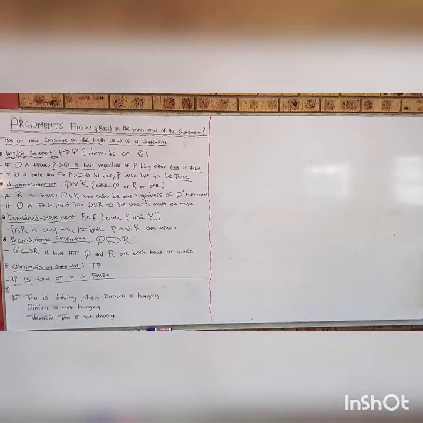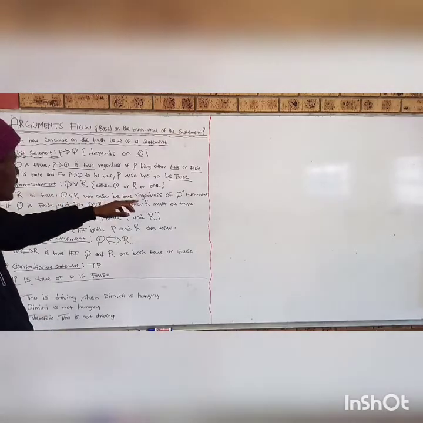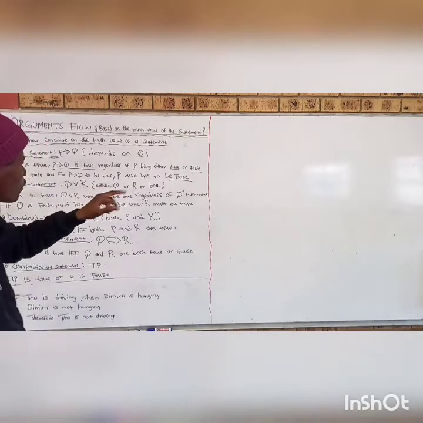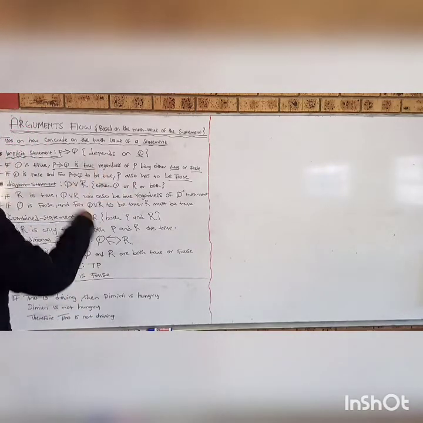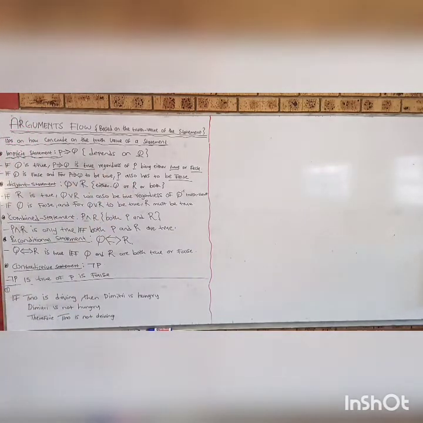We come to the disjoint statement, Q union R. It's either Q or R. So in this case, it depends. If R is true, Q union R will also be true regardless of the truth value of Q. Q can either be true or false.